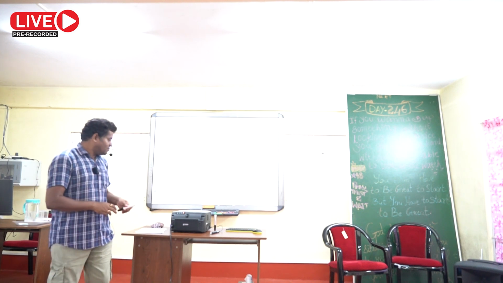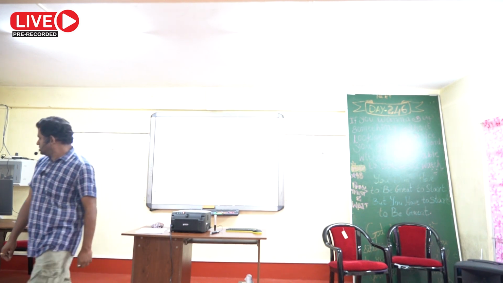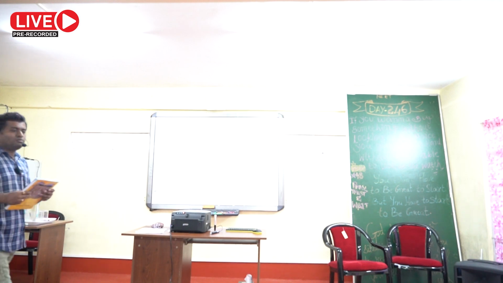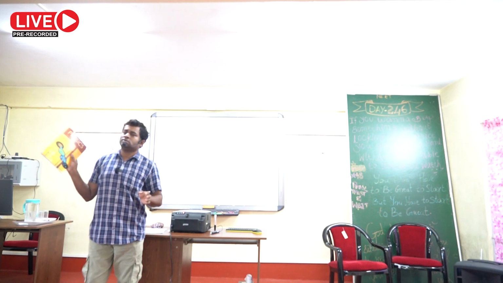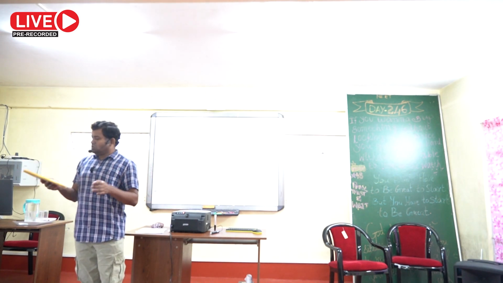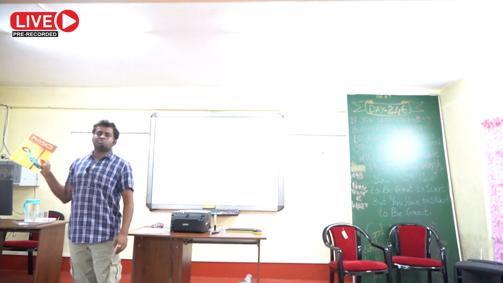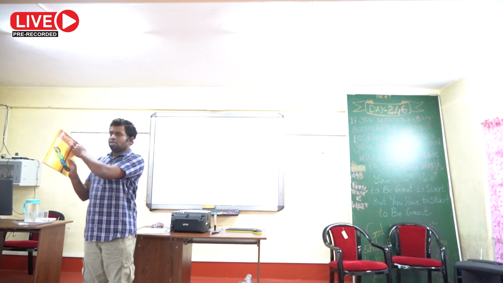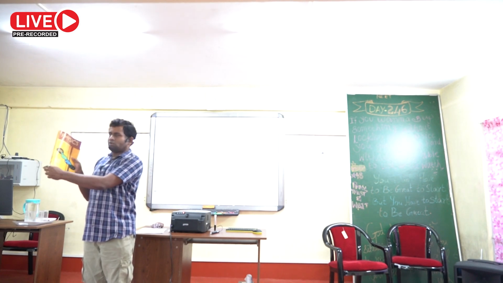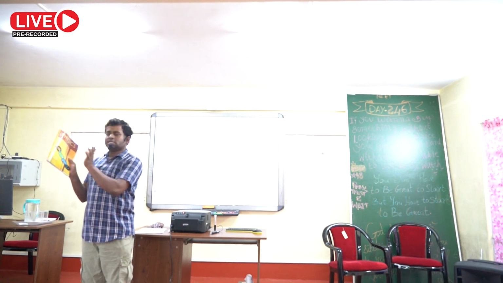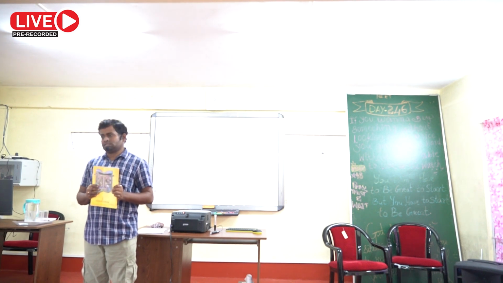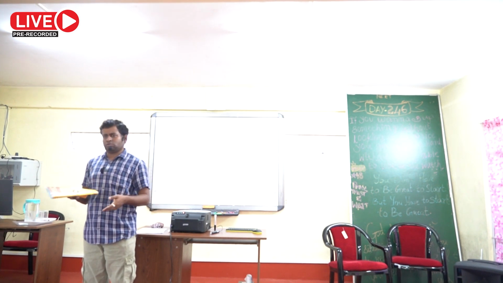Clear? First, what we will do, I will take this book and I want to find its center of mass. Normally speaking, finding its center of mass is not difficult. I can consider this point and this point, draw the diagonal, and the intersection point of the diagonal will be its center of mass and center of gravity both.